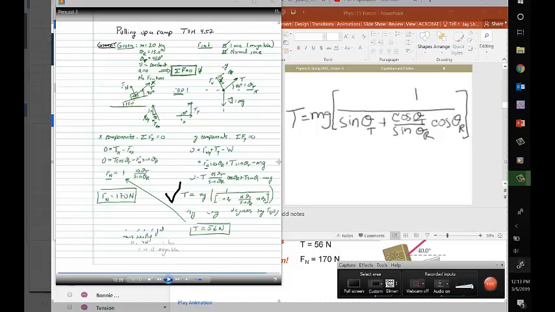So remember, theta t is the angle that the rope makes, and theta r is the angle that the ramp makes. Of course, mg is the mass times the acceleration due to gravity, and so it should have units of newtons.